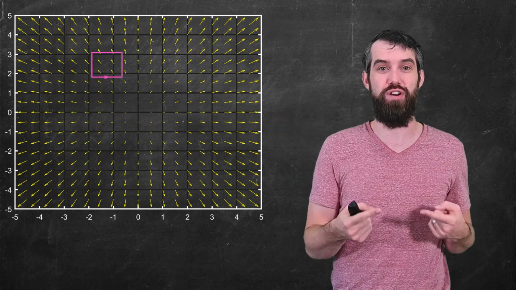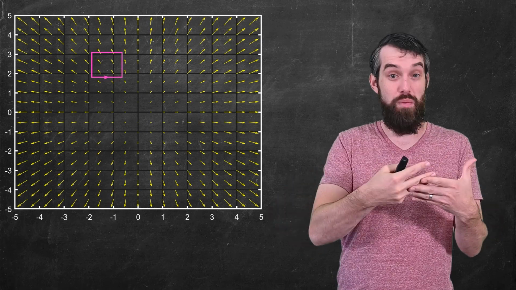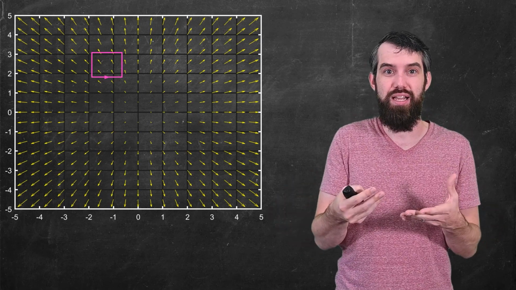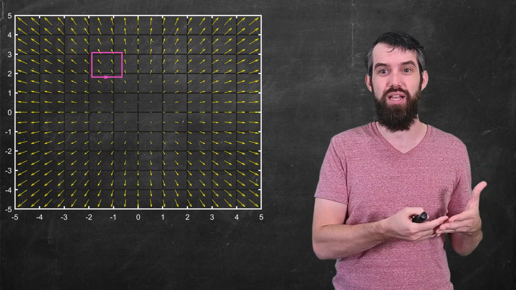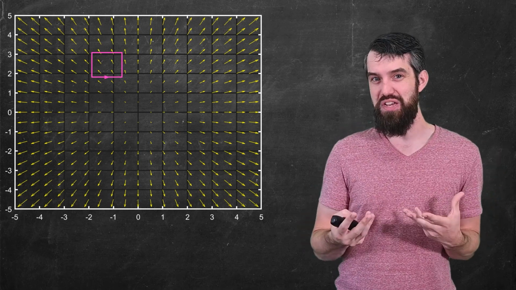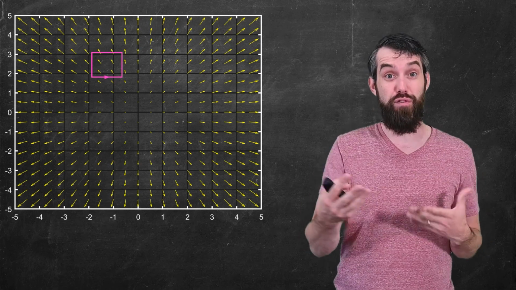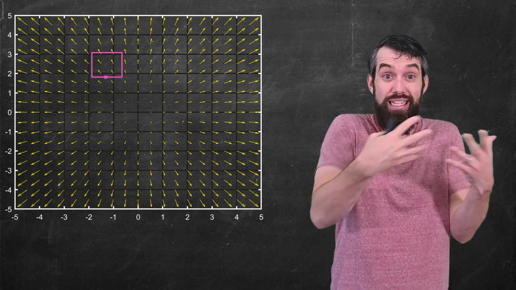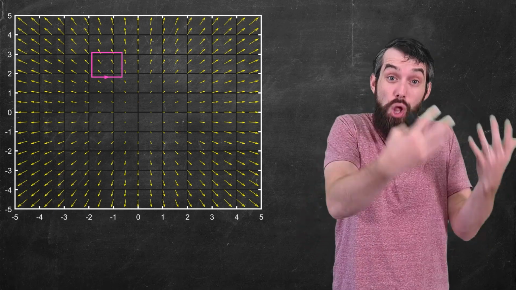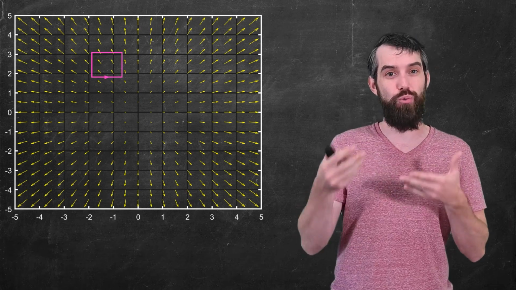So for example, I could move over here, and this is sort of an interesting one. There's some vectors that are coming into it, particularly on the bottom and right-hand sides. And then there's some vectors that are leaving it on the top and left-hand sides. But because for this vector field, the arrows get longer as they go further from the origin, this means that the vectors on the left and the top side that are leaving are in fact longer than the vectors that are entering this little region on the bottom and right sides.